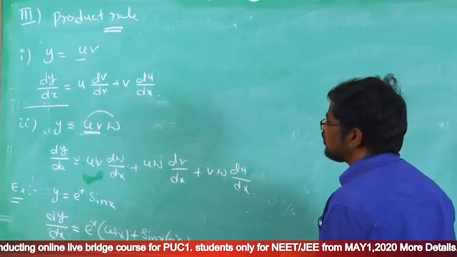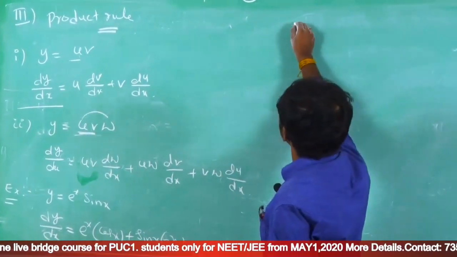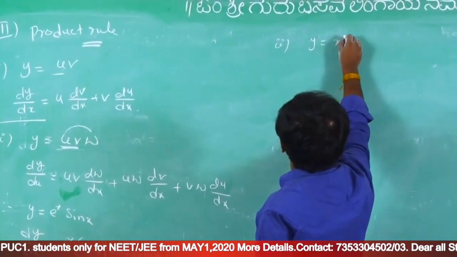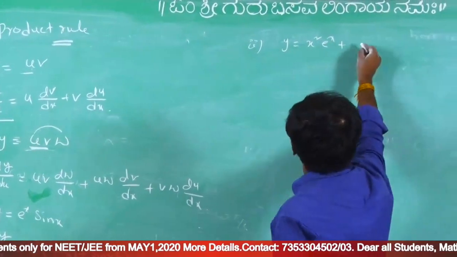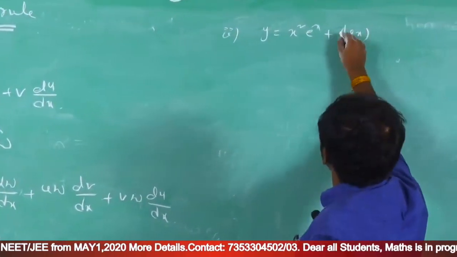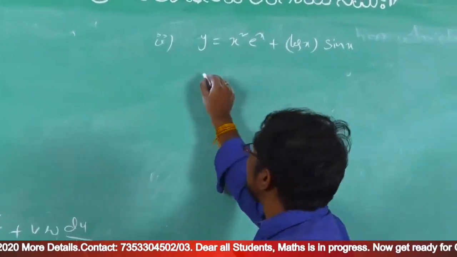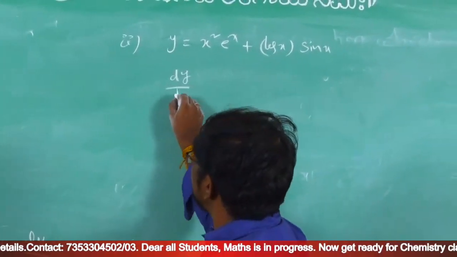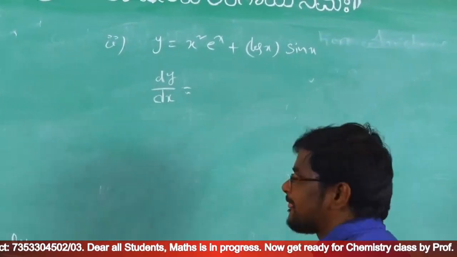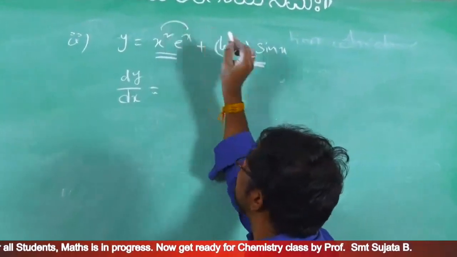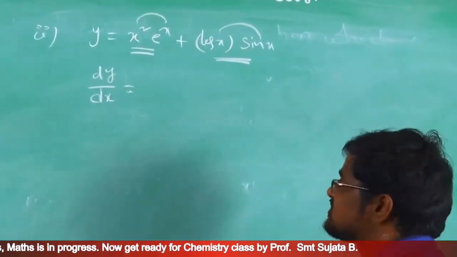Suppose you take one more problem based on this. y equals x square into e power x plus log x into sin x. How do we do the differentiation? dy by dx, differentiating with respect to x, equals, here the uv formula, and here also the uv formula, a product of two terms in each.